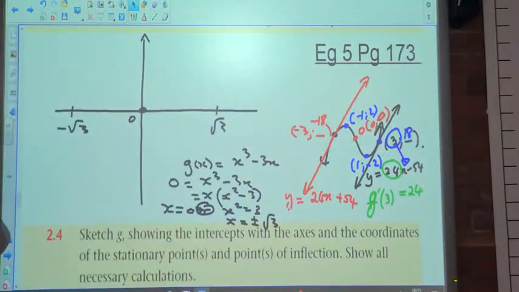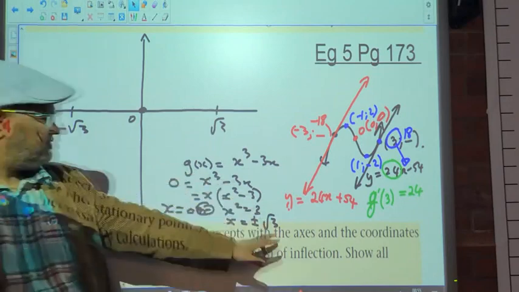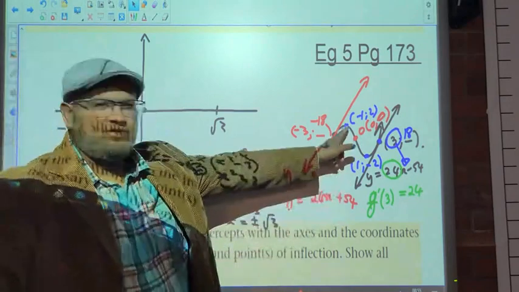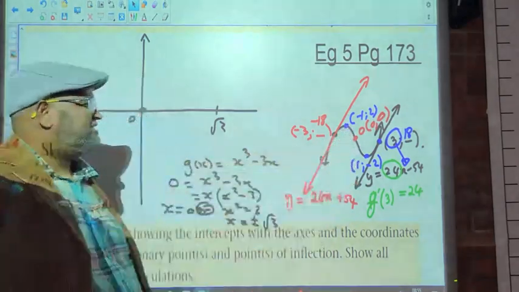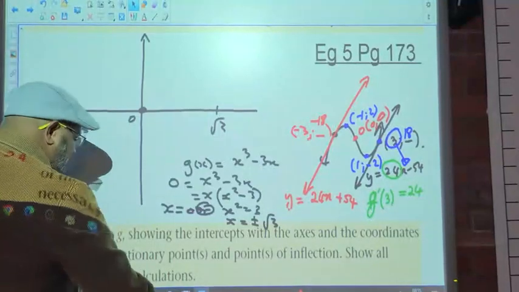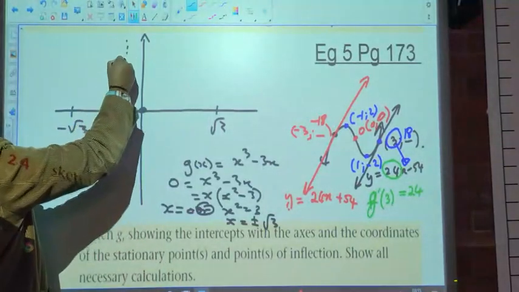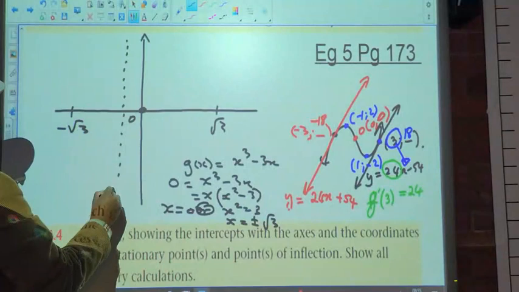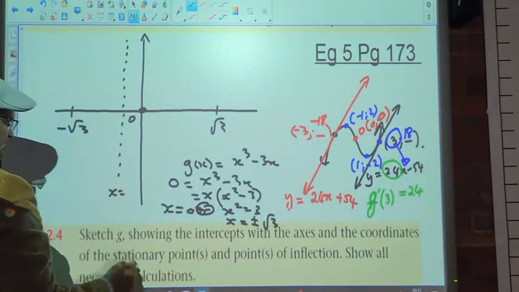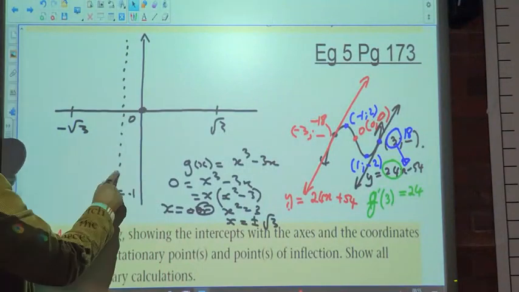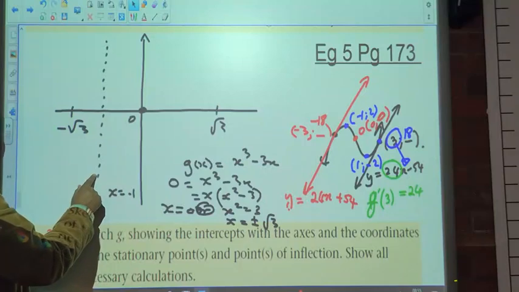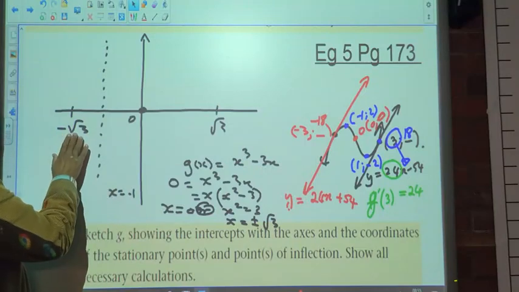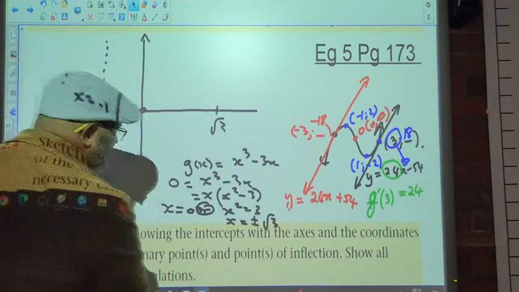Okay. Then of course we have turning points. The turning points at negative 1 and 1. So what I do is I draw normally a dotted line here to give you a guide. So x is equal to minus 1. But it's more. Half of, remember the root of 3 is 1 comma something.